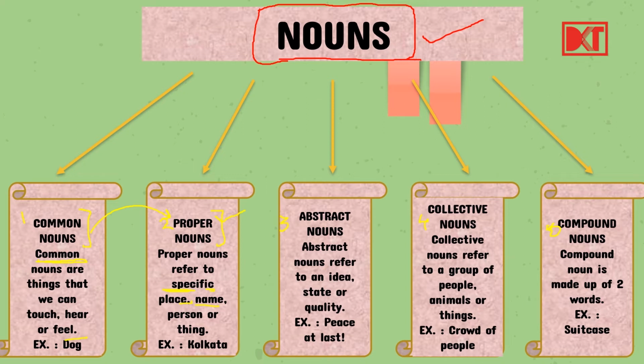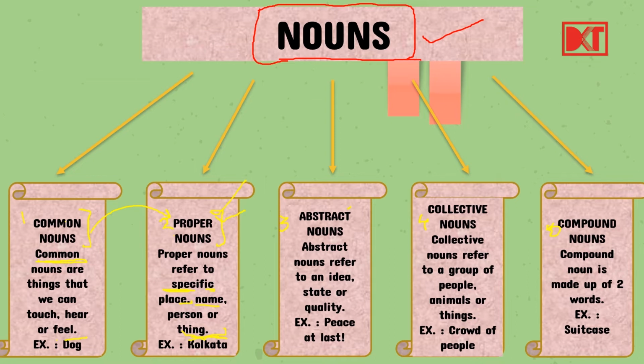So Bruno is a proper noun and dog is a common noun. Similarly, if we take Kolkata. If we say city, city is a common noun, because it is a general thing. City can be any city. But Kolkata is a specific city. So that becomes a proper noun.